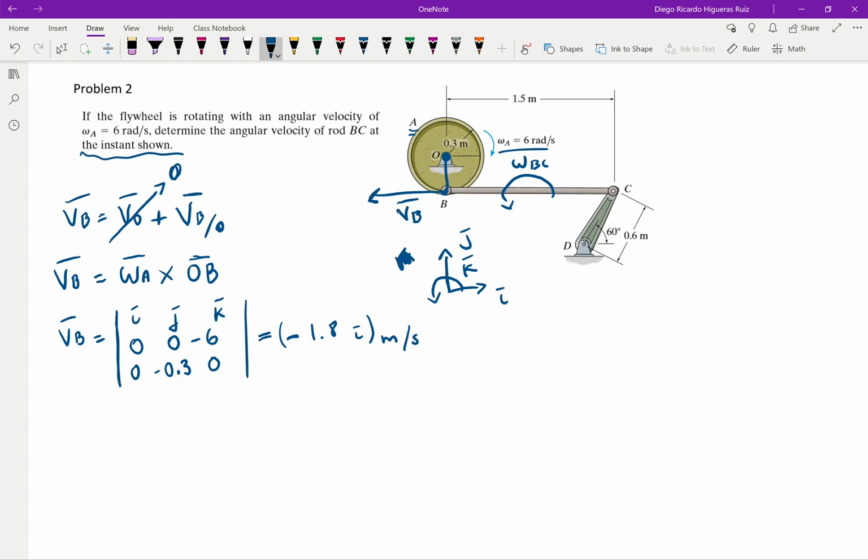That velocity right there. So that just gave me the velocity of VB.